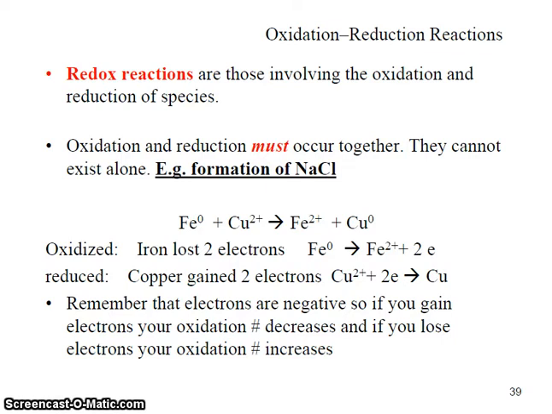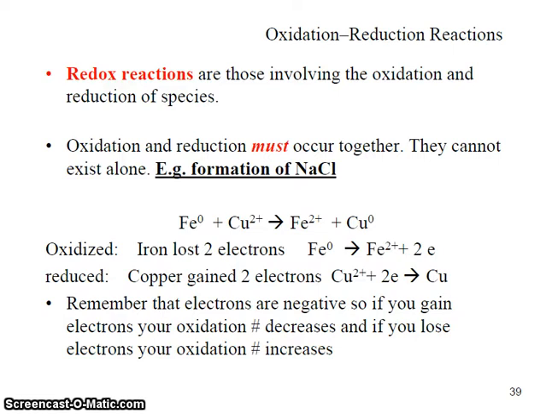So one might ask, what are oxidation and reduction reactions, which I'm going to spend some time on. But what I really want you to realize is that the oxidation and the reduction must occur together. They're not going to occur on their own in an independent manner. If something is going through an oxidation, something else has to undergo a reduction reaction.